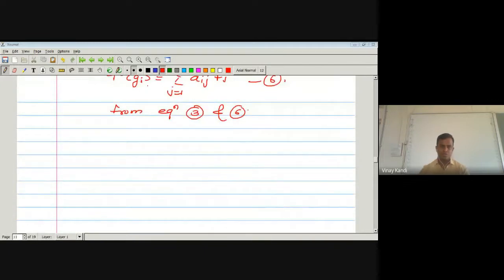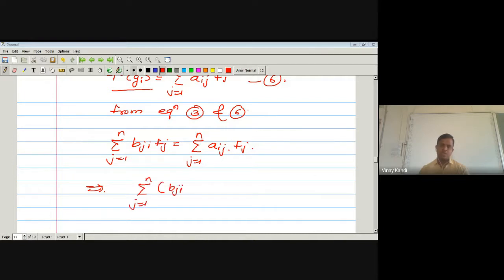So the value of this one is summation j running from 1 to n Bji Fj, and on the right hand side summation j running from 1 to n Aij into Fj. So this is equal to summation j running from 1 to n of (Bji minus Aij) into Fj, equal to 0 functional.